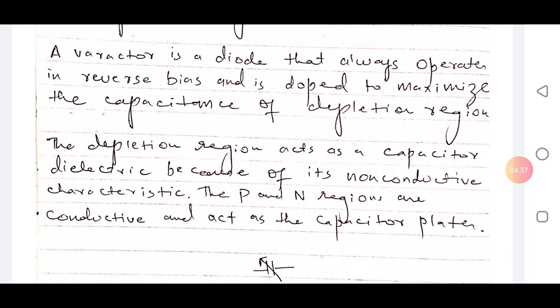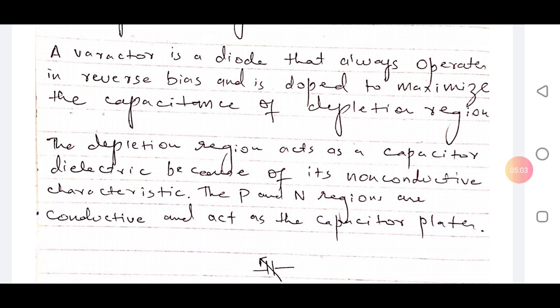This sentence shows the fact which I have already told you in the beginning, that a varactor is a diode especially designed in the industry so that it always operates in reverse bias.